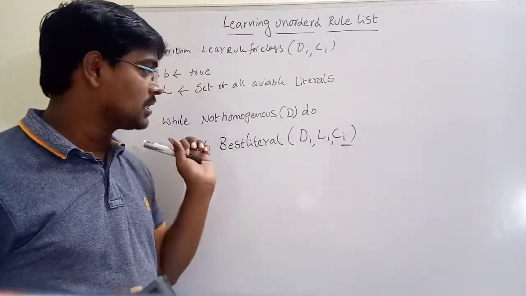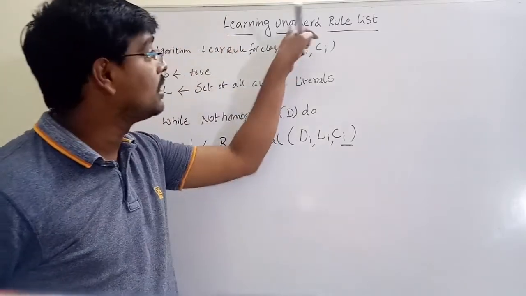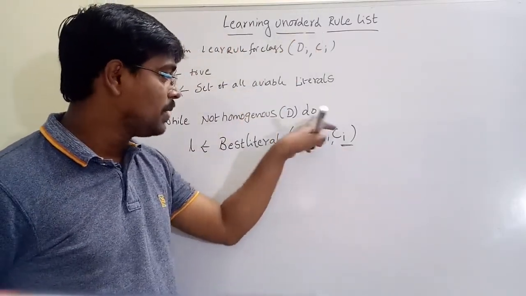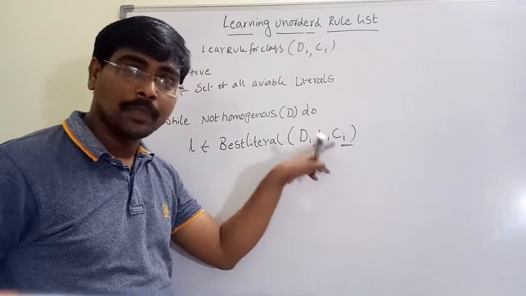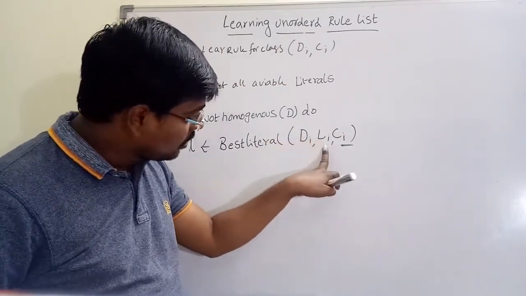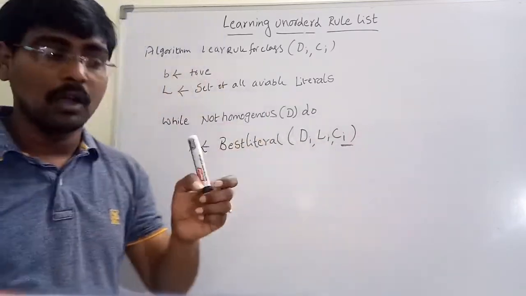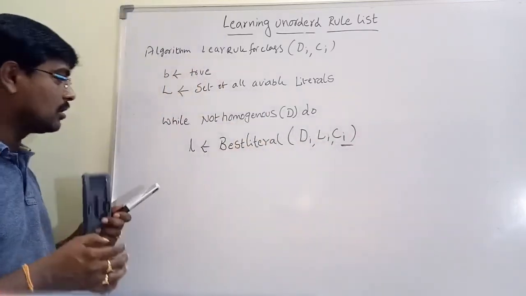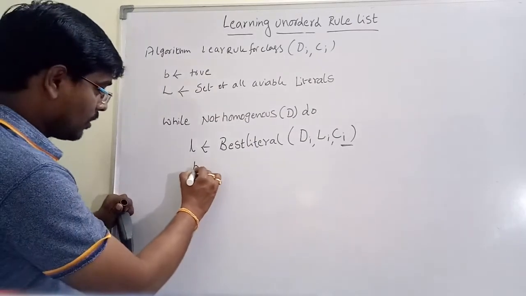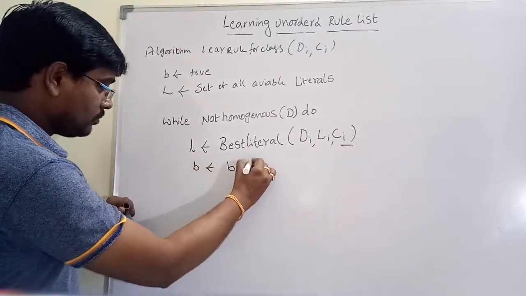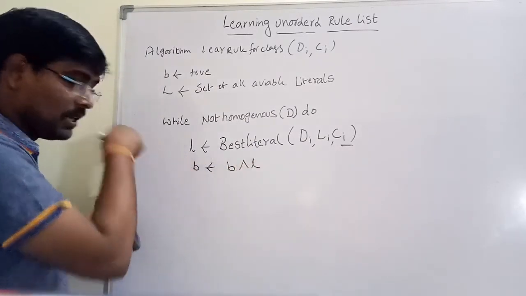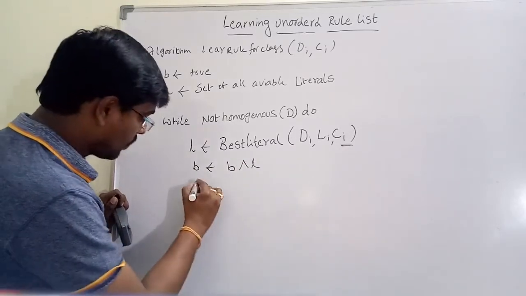In the previous algorithm, learning ordered rule list, it is based on the available instances, but here it is the available instances along with the class, so at each step we have to consider the class also. Here, in simple terms, B is the rule that is generated.